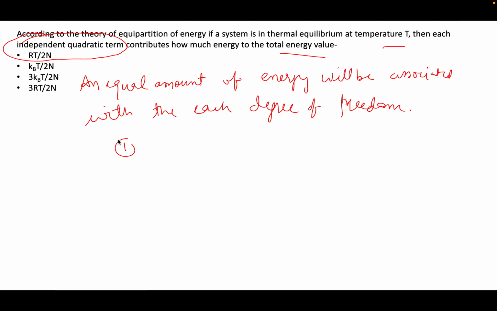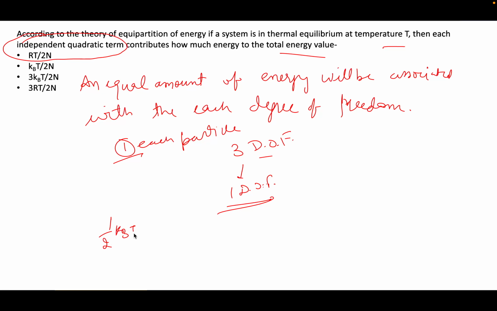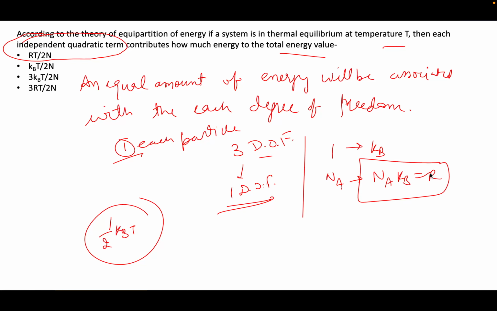And we know for each particle, there are 3 degrees of freedom. If we consider only 1 degree of freedom, then for one particle and 1 degree of freedom, the contribution is half kBT. So if we write it in form of the gas constant, we know that for one particle this is kB, for Na particles it is Na kB, which is equal to R. So R is for 1 mole and kB is for 1 particle.